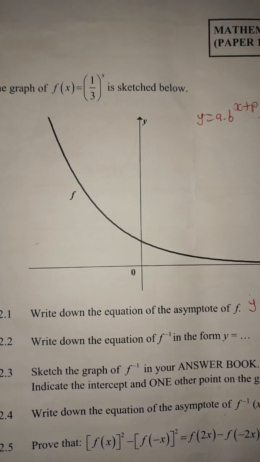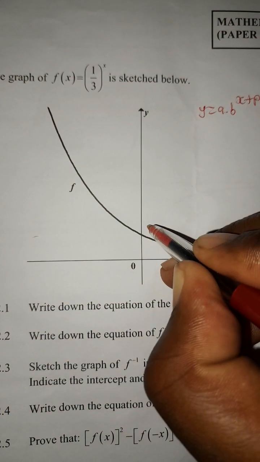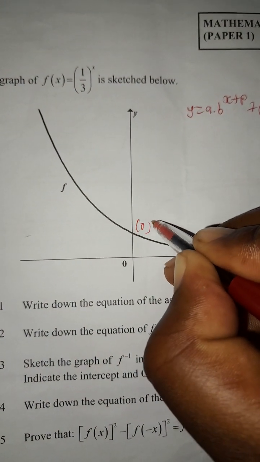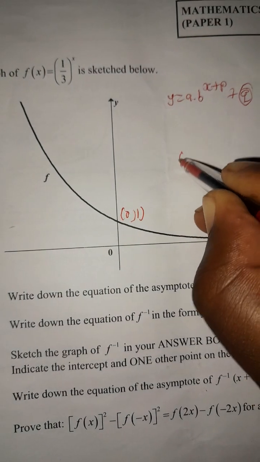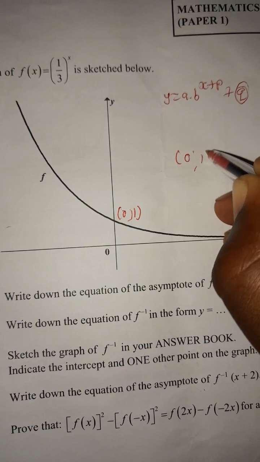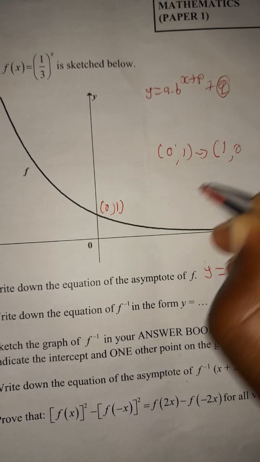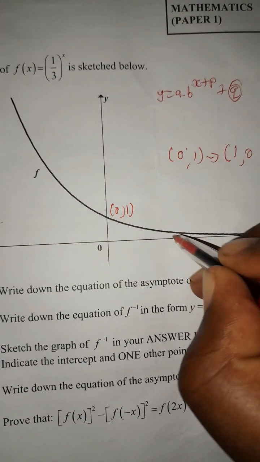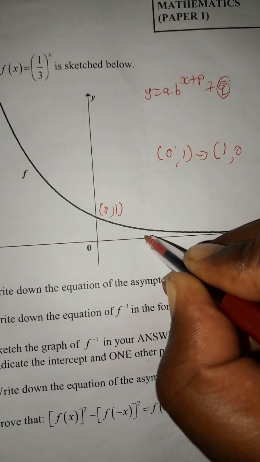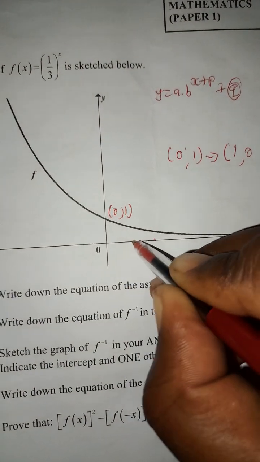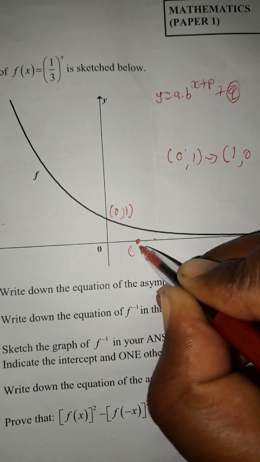Then we know that 1 over 3 to the power of 0 will be 1. So the coordinate here, originally, was 0 and 1. So what is the inverse of 0 and 1? You swap the coordinates. So it's going to be 1 and 0. So definitely we are going to have 1 and 0.